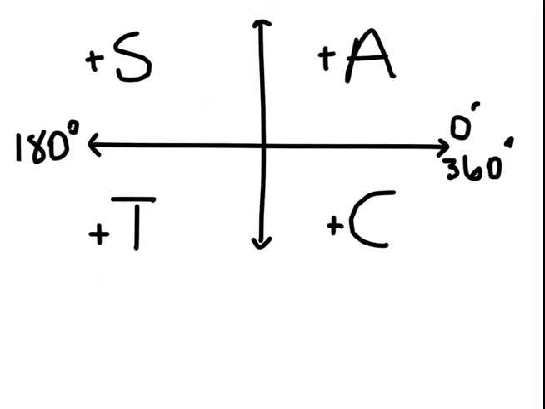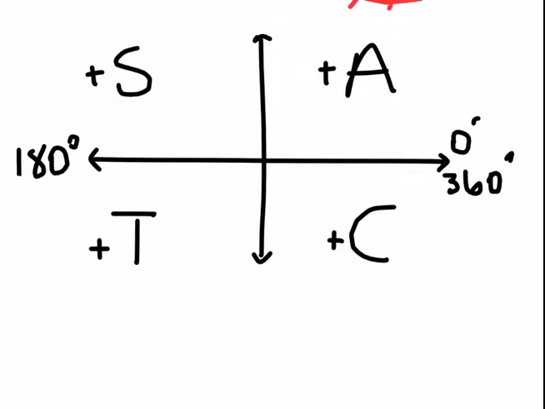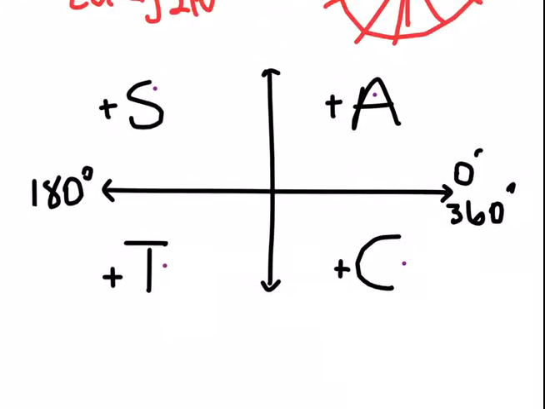But let's just be honest about something. Would you agree that all the angles that fall in the second quadrant, remember this is quadrant 1, this is quadrant 2, this is quadrant 3, this is quadrant 4, so all the angles that fall in the second quadrant are 180 minus.